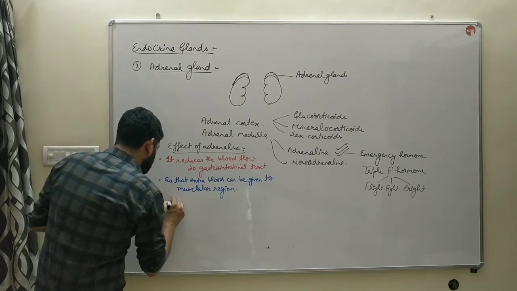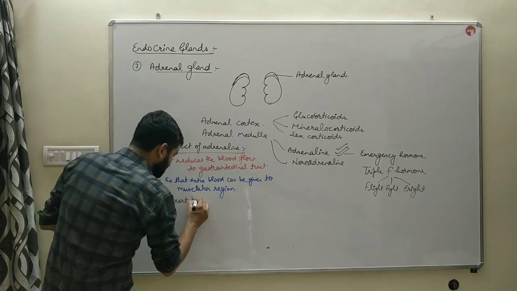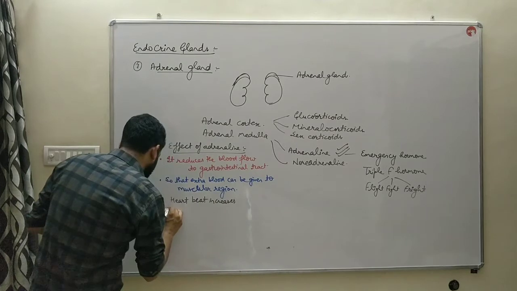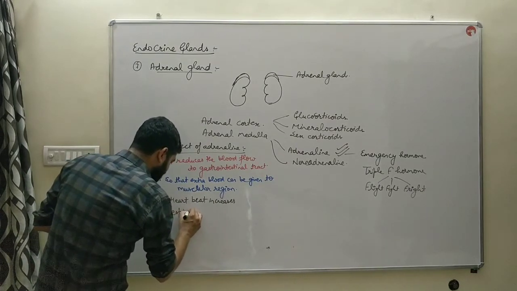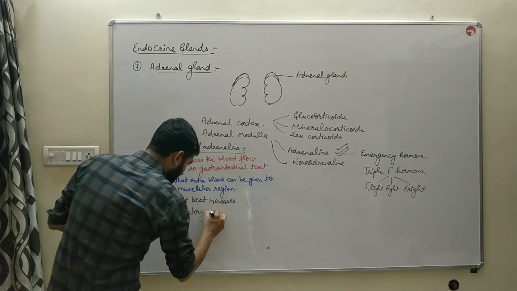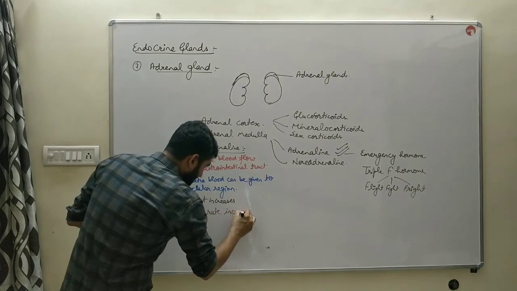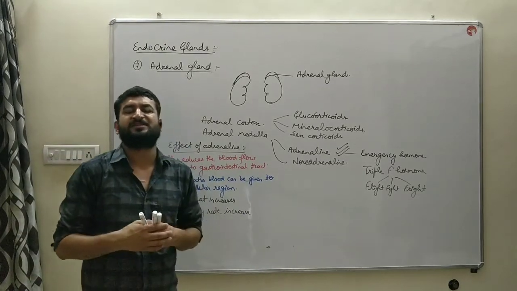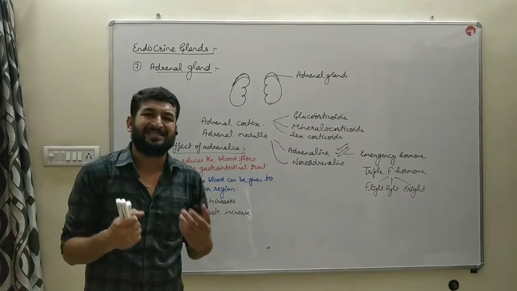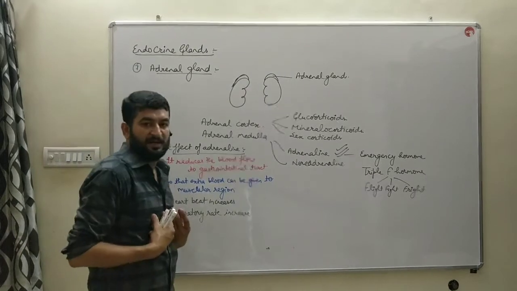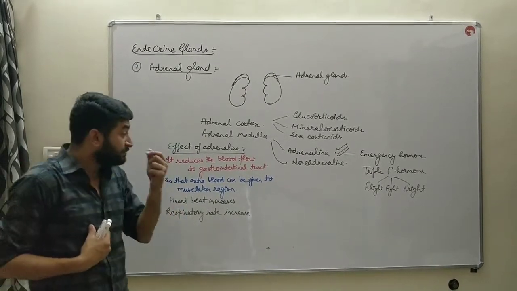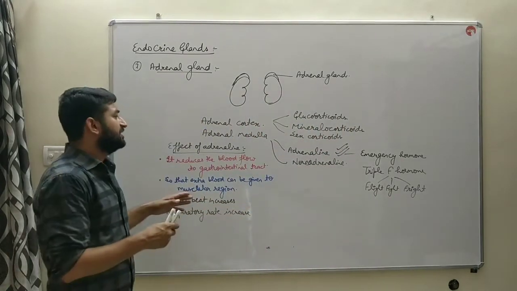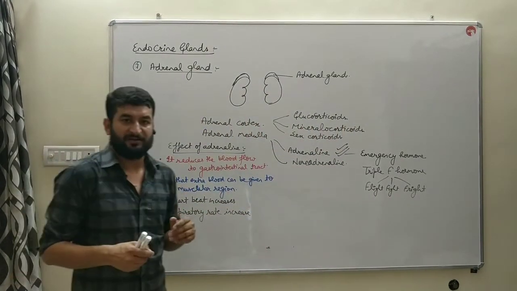Besides these, heartbeat increases, respiratory rate increases, and due to all these effects, the energy available to the muscle cells increases, and that's how our body becomes prepared for those emergency conditions. The same thing happens in the case of birds for the flight purpose. So this is the function of adrenaline.